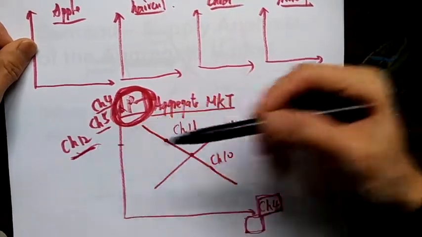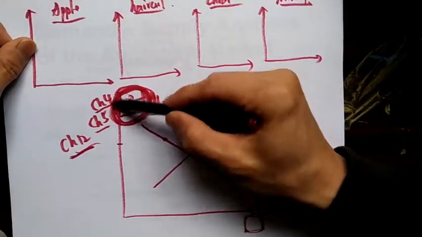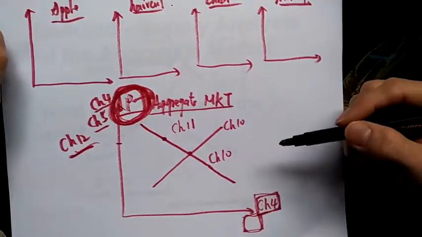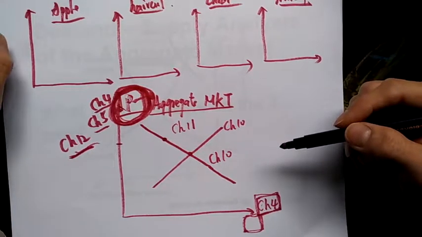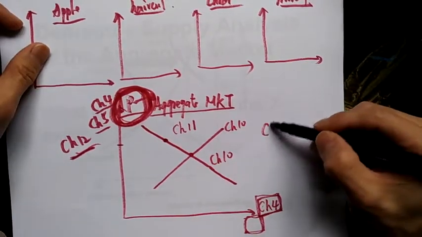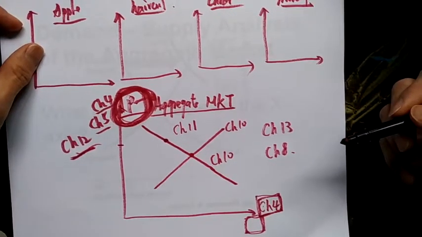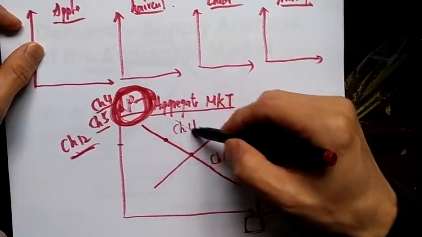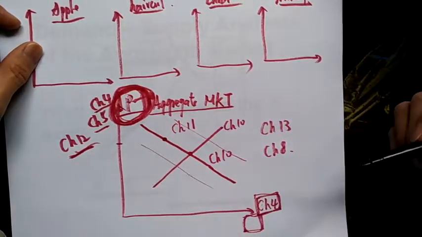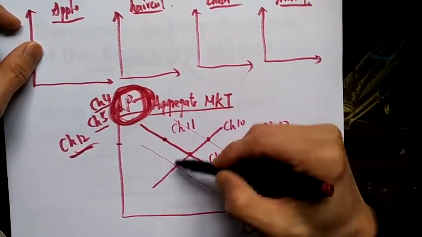Chapter 12 is to discuss the variable on the y-axis. And then in Chapters 13 and 8, we're going to shift the curves and find the new equilibrium.